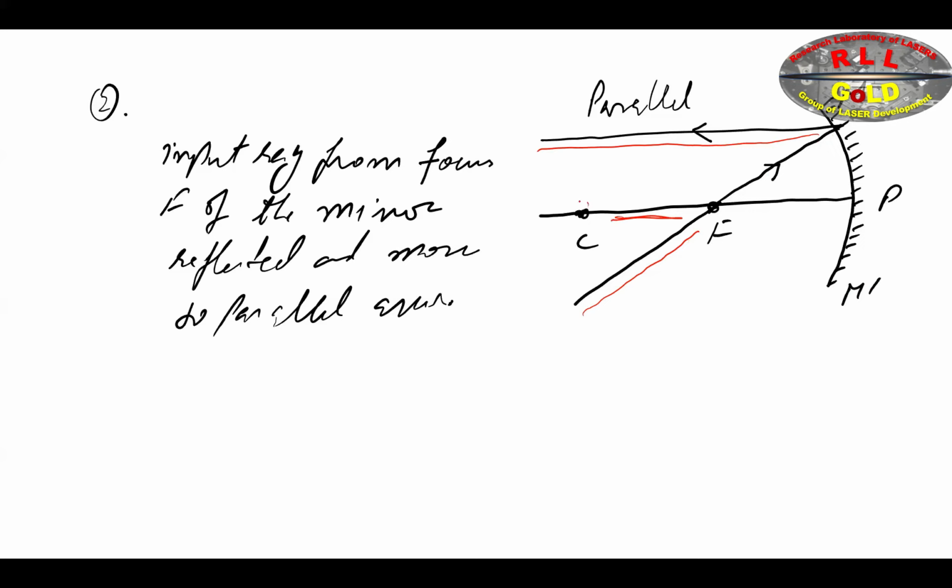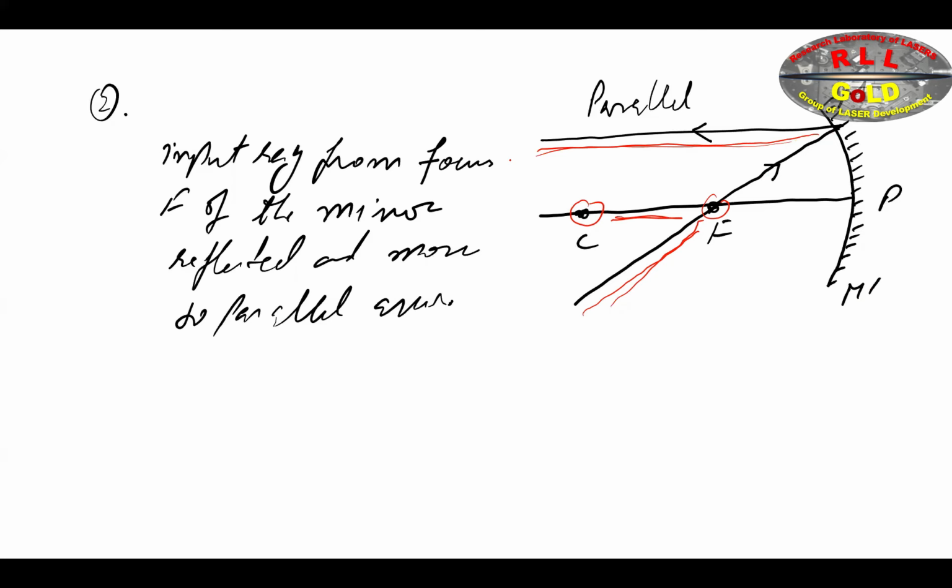Here, C is the center of curvature. So this is the second rule. What it tells is that when the incident ray is passing through the F, the reflected one will follow the path parallel to the principal axis.